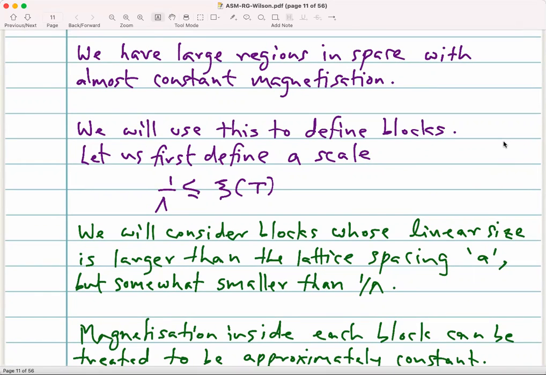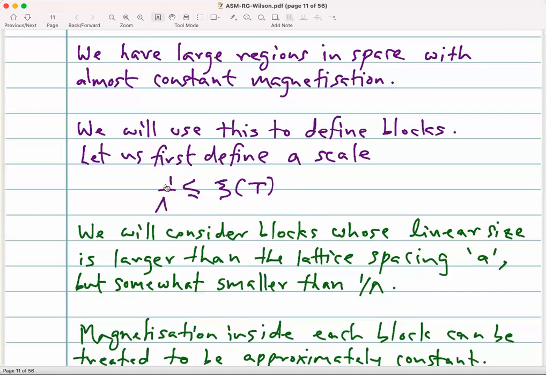So the reason why I'm defining 1 over lambda is because of catering to both sets of people. When you do quantum field theory renormalization group, you actually do a momentum cutoff on the upper side. When you do real space renormalization group, you do a spatial cutoff on the lower side.